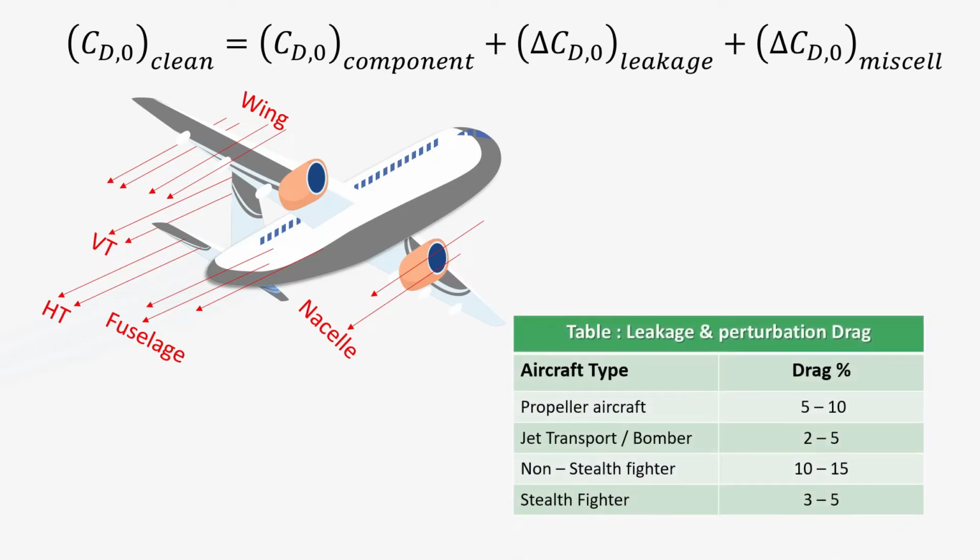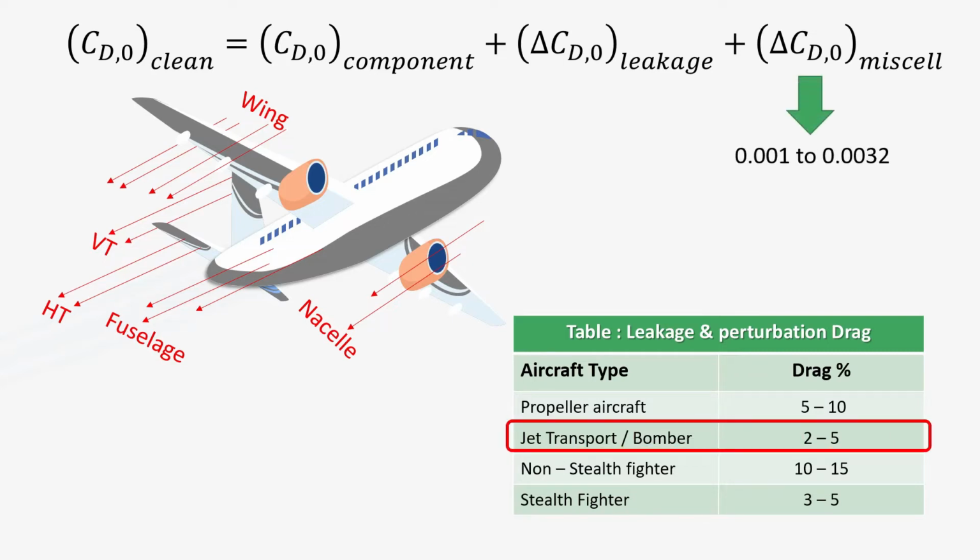In my design, which is a jet transport aircraft, we can consider 2 to 5% of the total clean parasite drag coefficient. That is, of whatever CD naught clean amount we get, 2 to 5% will be the perturbation or leakage drag of the aircraft components, plus the miscellaneous drag.